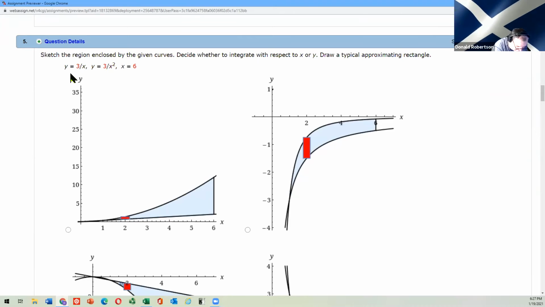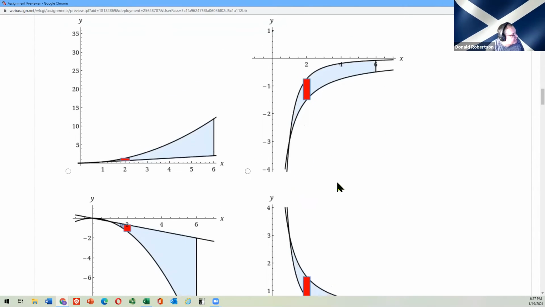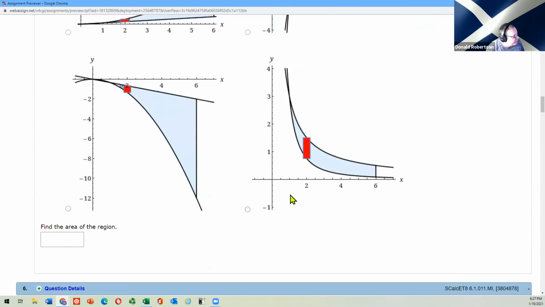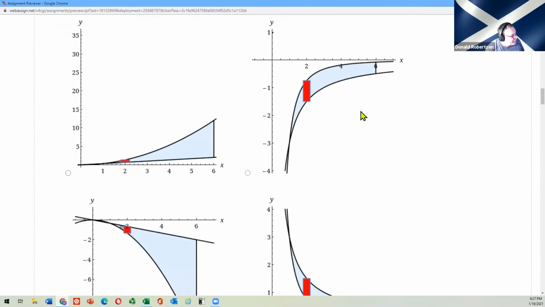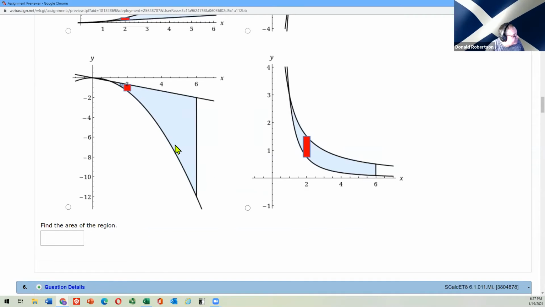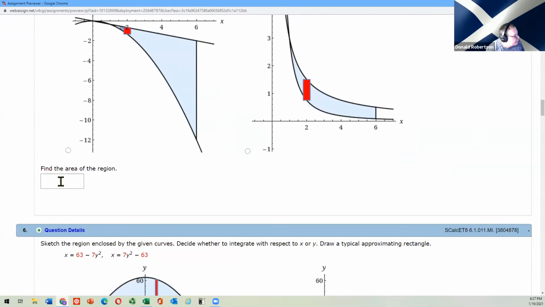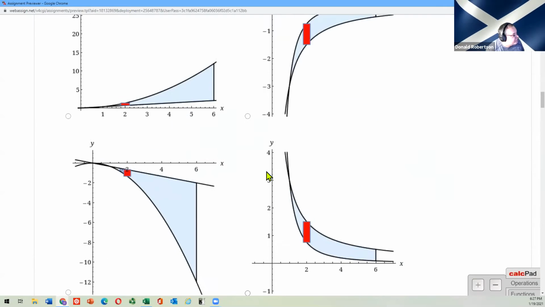We want to find the area between the curve y equals 3 over x, y equals 3 over x squared, and the line x equals 6. One of these 4 pictures is the right picture, and you have to figure out which one before you can go and do the question, which is find the area of the region.